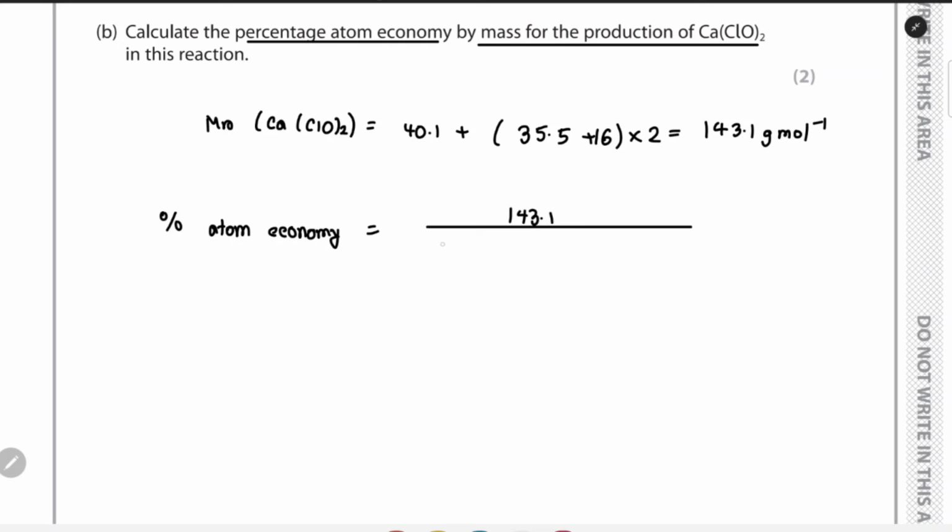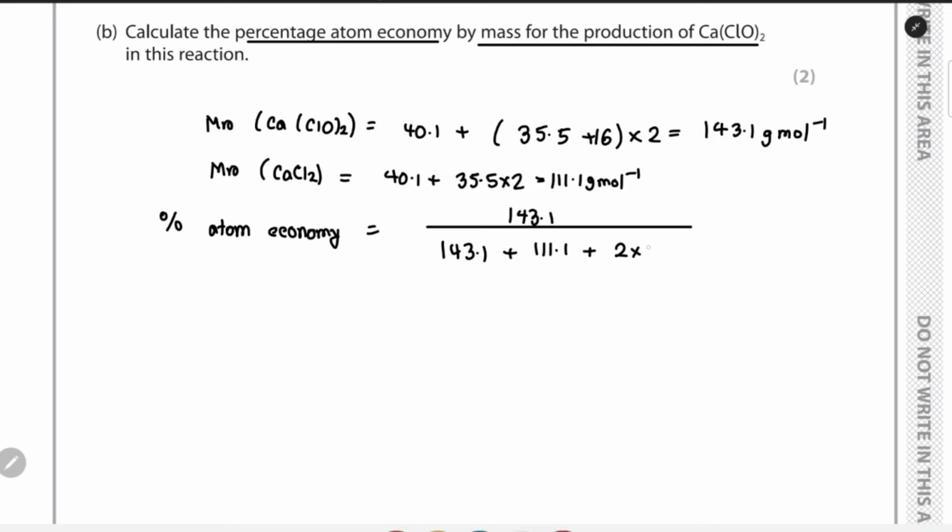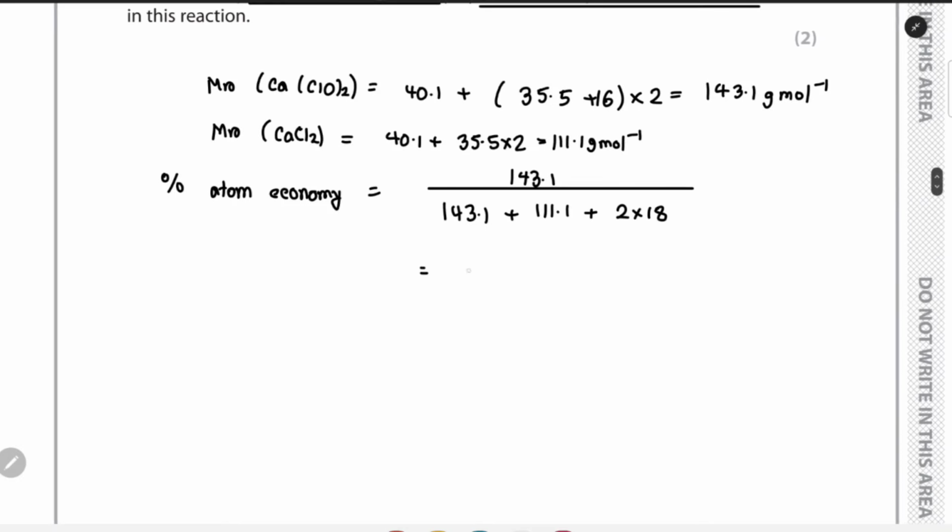The denominator will be the total product, so 143.1 for this, and then for calcium chloride, CaCl2, the molar mass is 40.1 plus 35.5 times 2, which is 111.1 grams per mole. For water, we have 2 moles of it, so 2 times 18. The percentage atom economy comes out to be 49.3%.